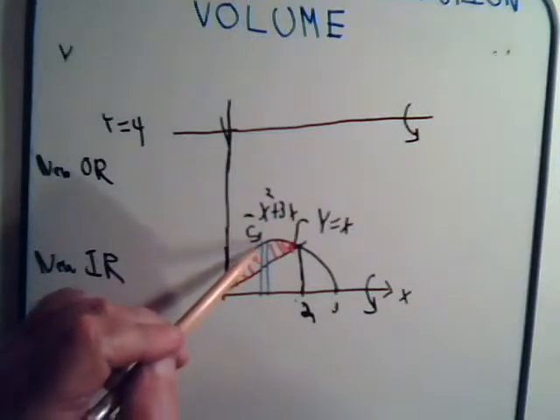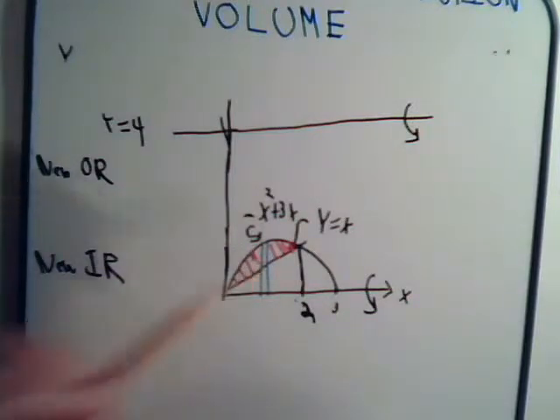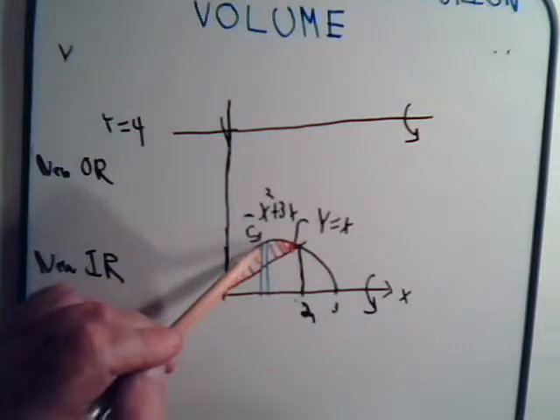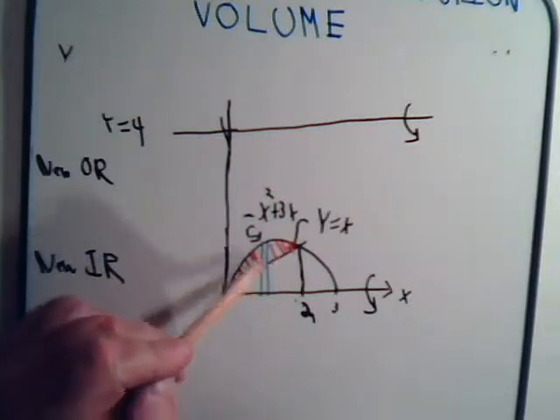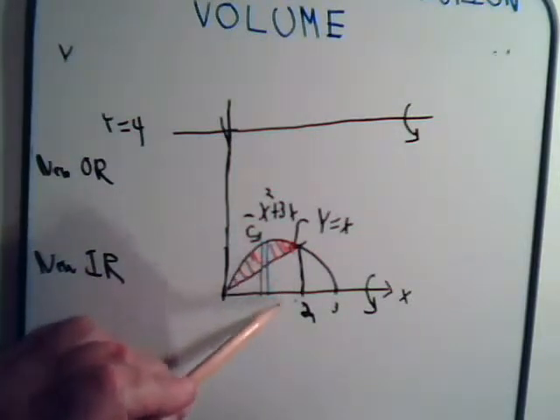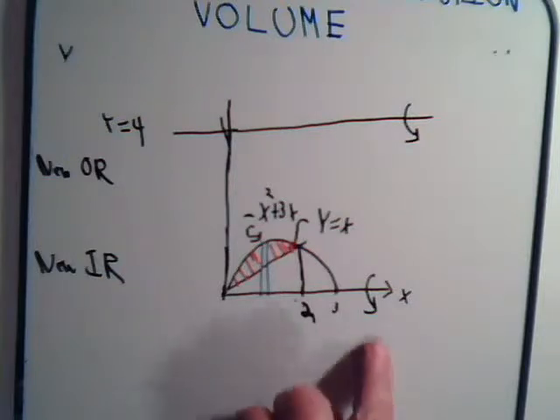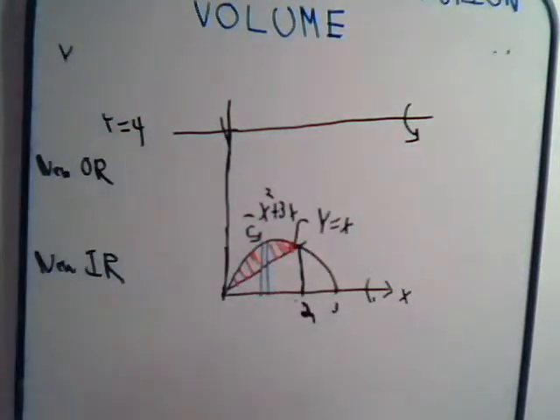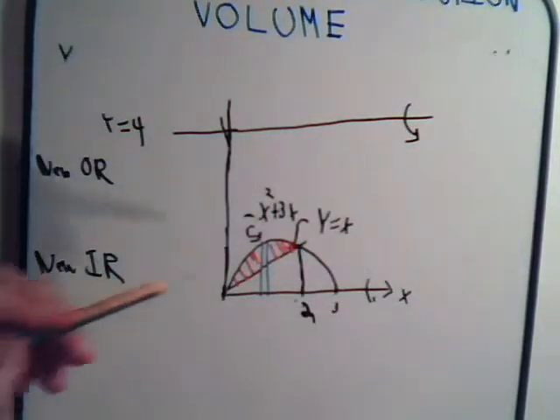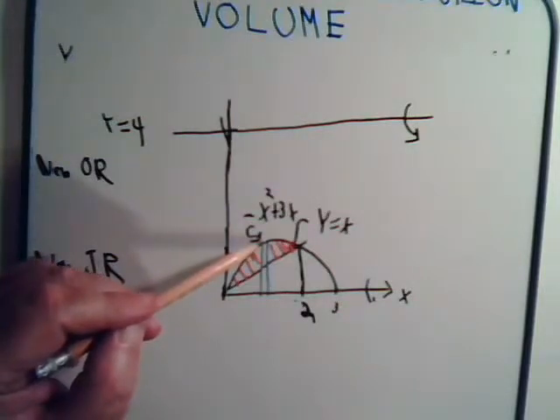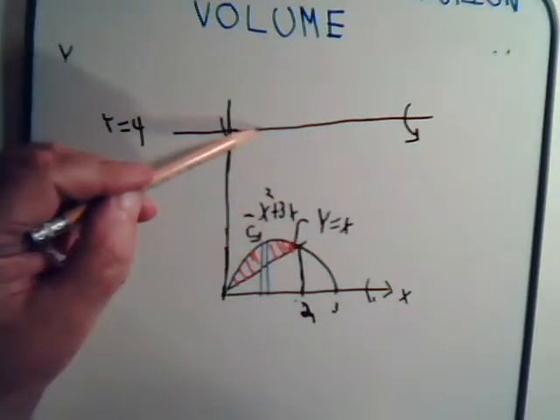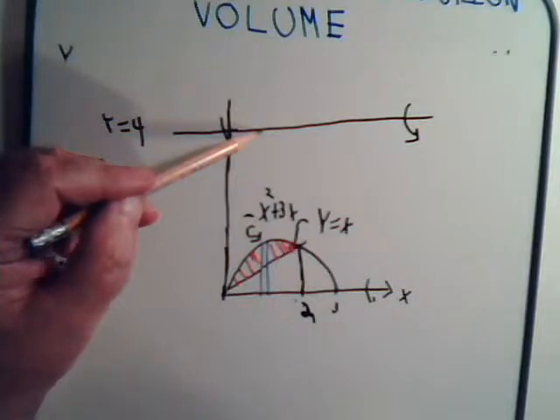See, here we had it like this, and we said, well, the distance is just the y value of the big curve and the y value of the small curve. That was the distance from the x-axis, and originally that was our axis of rotation, but no more. So now we want to know what is the distance of this from this horizontal line.